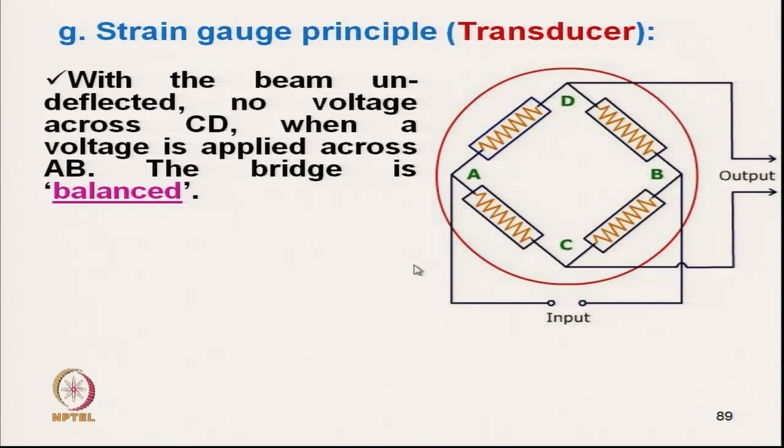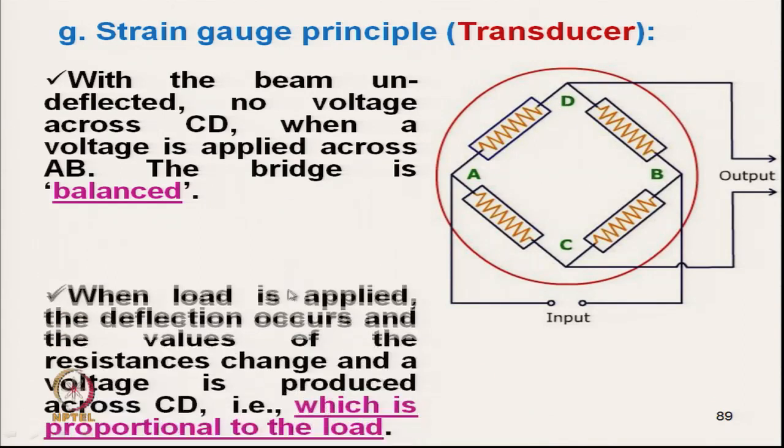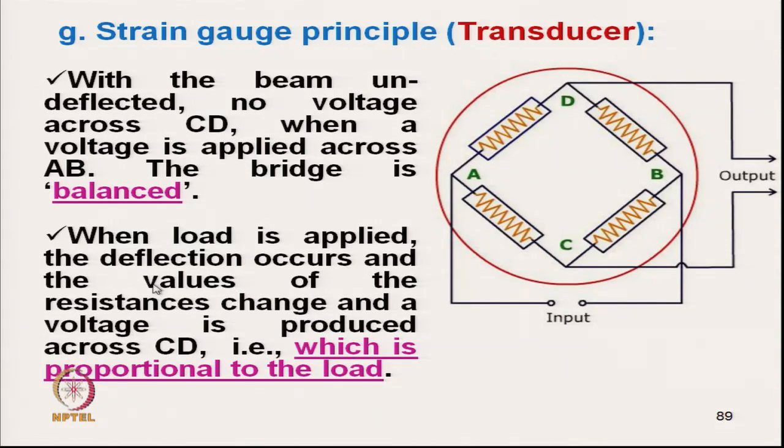But when it is deflected, the values of these resistors get changed. So, the deflection occurs, the value of the resistance changes and a voltage is produced across CD. This output voltage is proportional to the applied load.